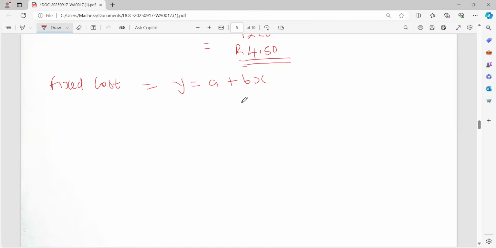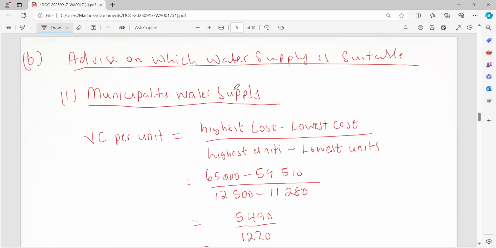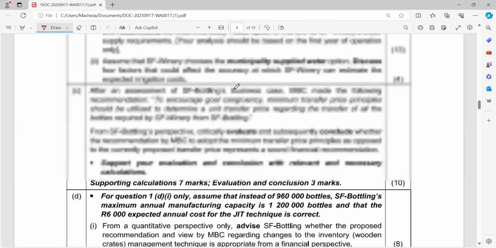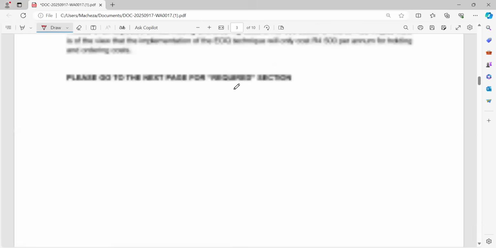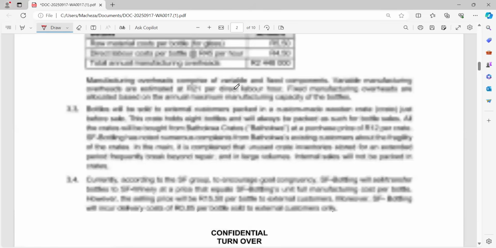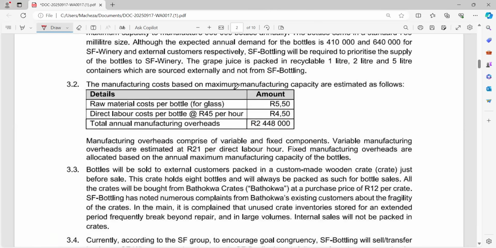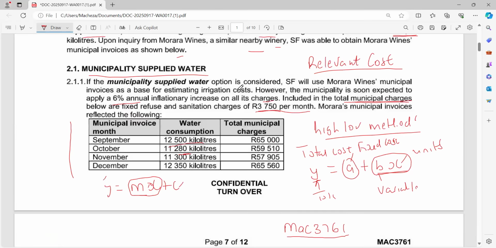Here you can choose between the lines that we have used. Let's see which one we can use. We can use this line. 65,000, those are the fixed charges, and under these fixed charges, the consumption is 12,500.